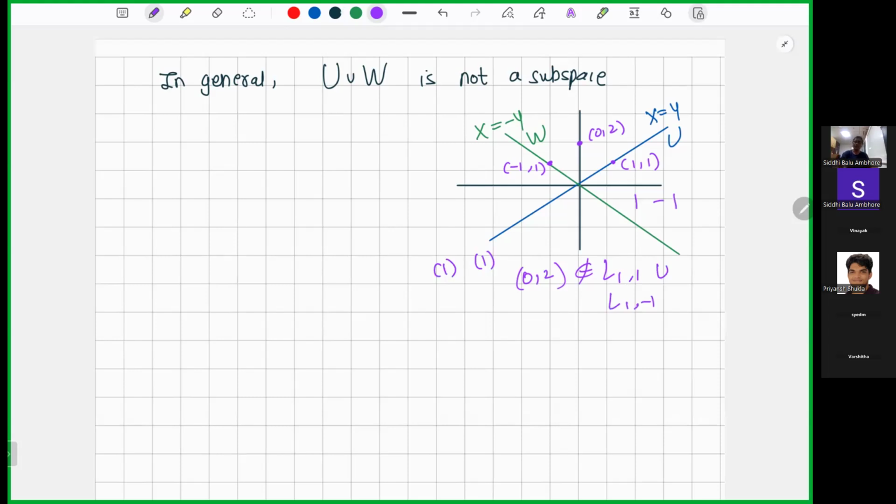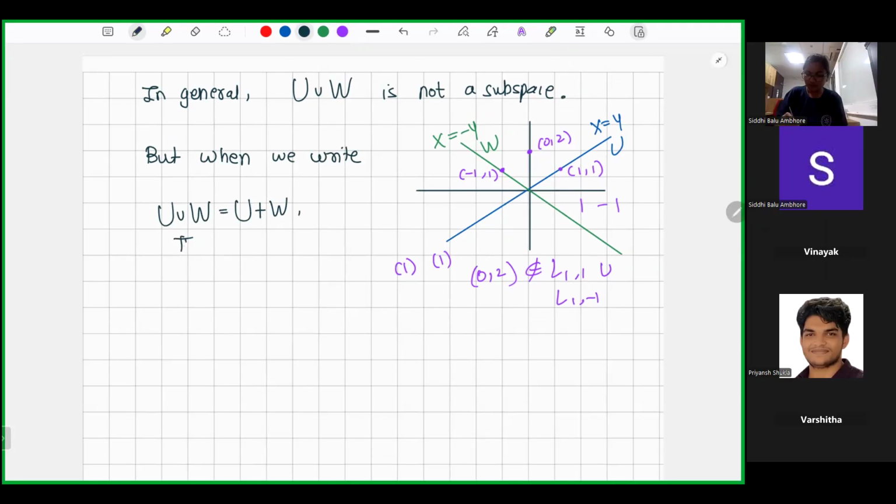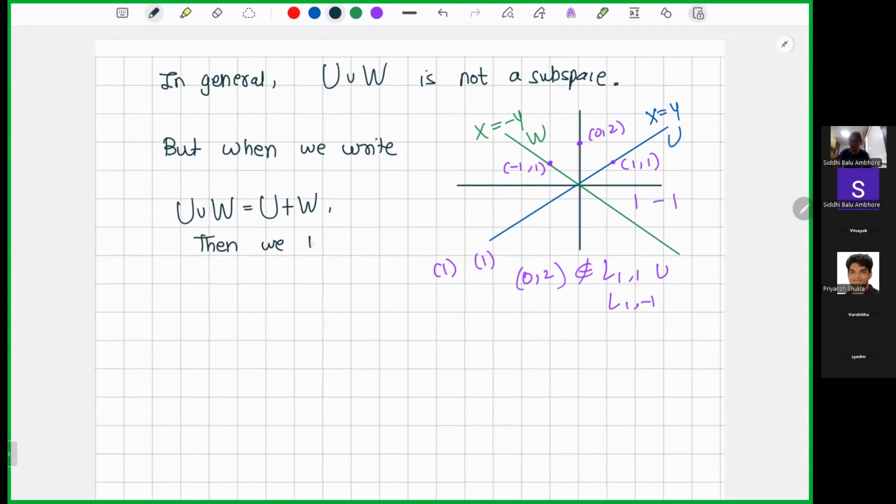But when we write that U union W is U plus W, then we mean that this U union W is a subspace.